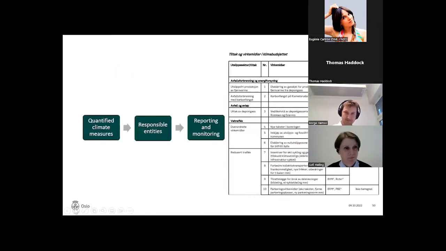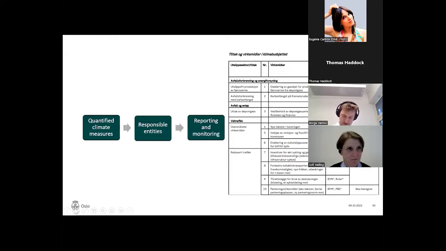Next slide, please. And I thought I'd talk just a little bit about this table. No need to read it. It's in Norwegian. Most of you can't. But it deserves a little bit of attention because it's an important table in the climate budget. What this table shows are the climate measures that were in the previous graph in the topmost green dotted line.